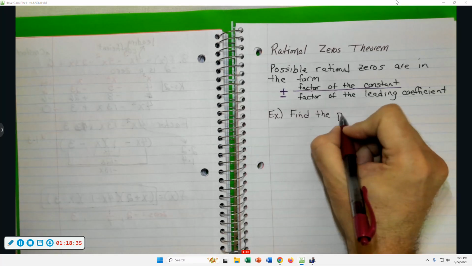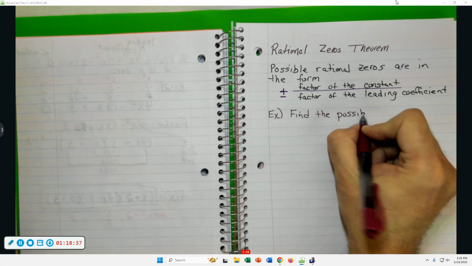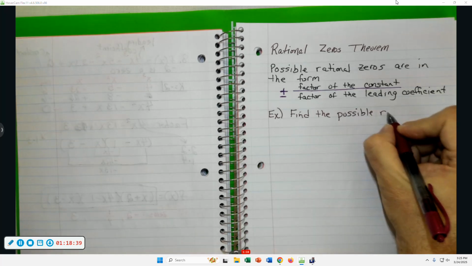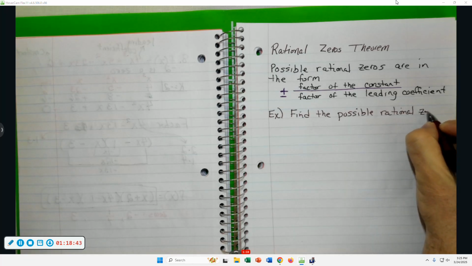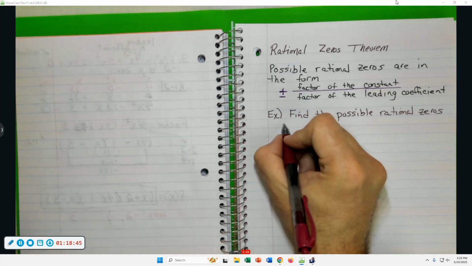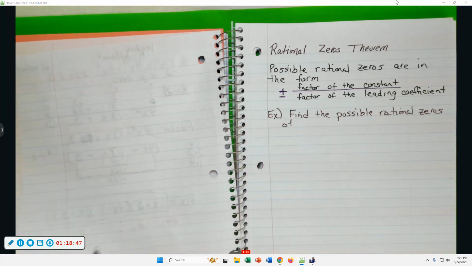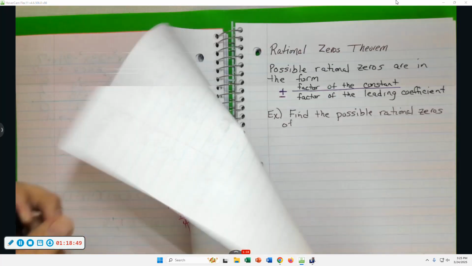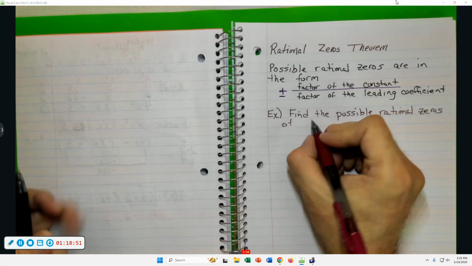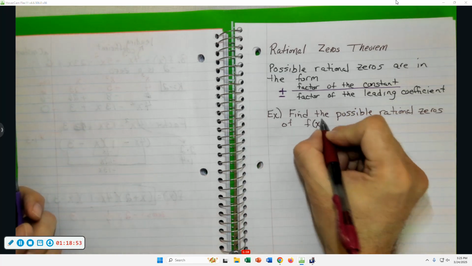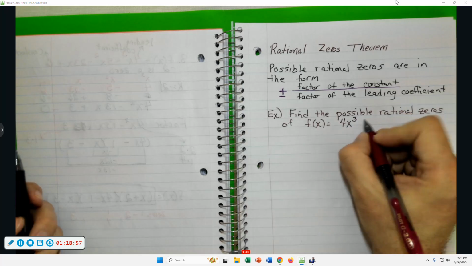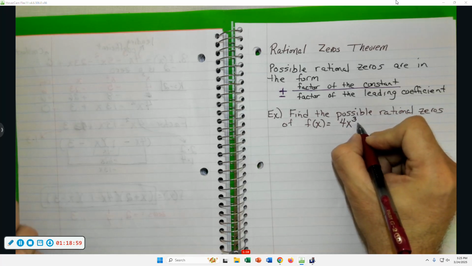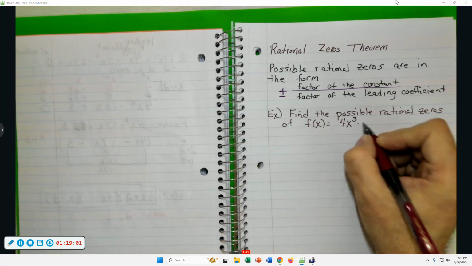Find the possible rational zeros. That wasn't number 4, that was number 8. Number 8. f of x equals 4x to the third.